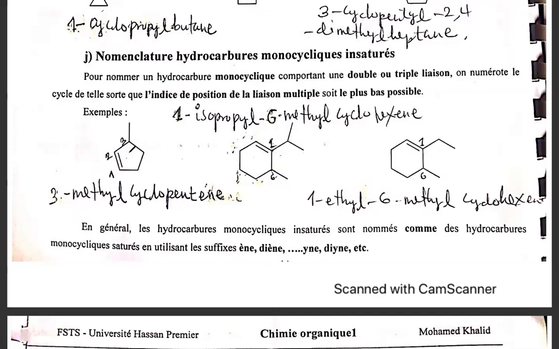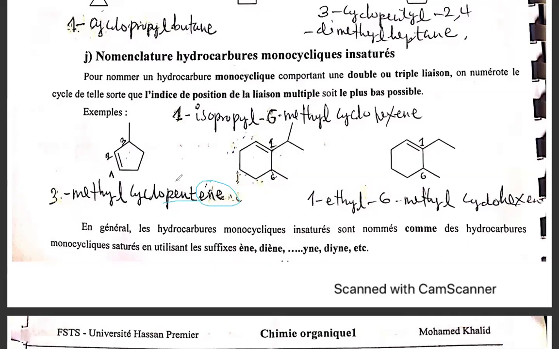Yes. And therefore, the name would be, for the principal chain, this is a 1, 2, 3, 4, 5, a five-carbon hydrocarbon, and the prefix is penta. Then the termination, because we have a double liaison, changes to ene.